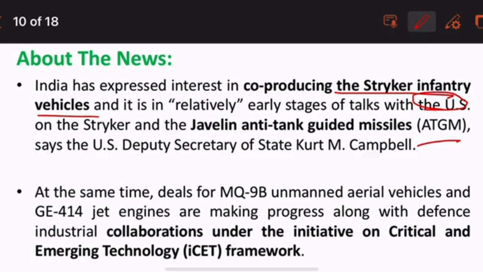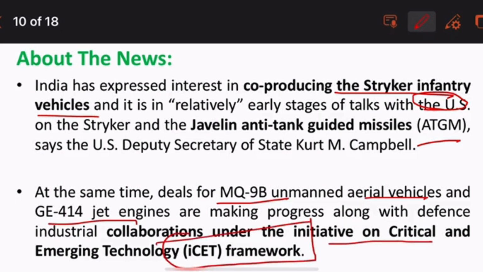There are also deals in talks for the MQ-9B unmanned aerial vehicle and the GE-414 jet engine. It is in the process, in collaboration under the iCET framework.